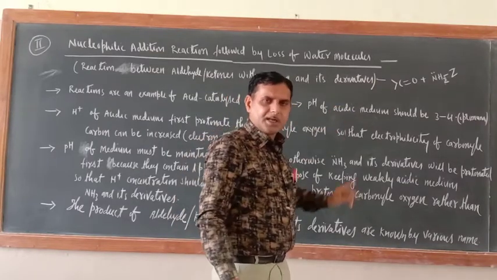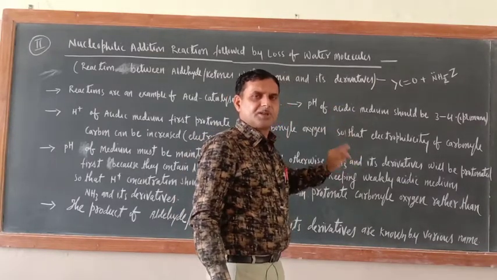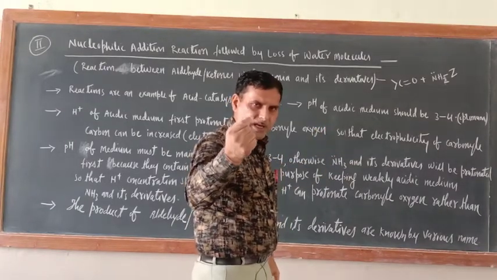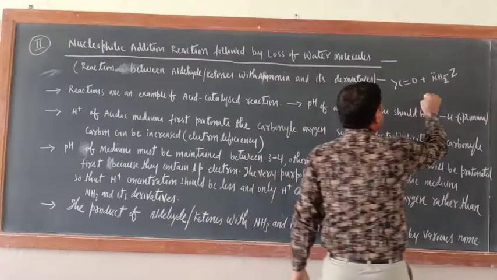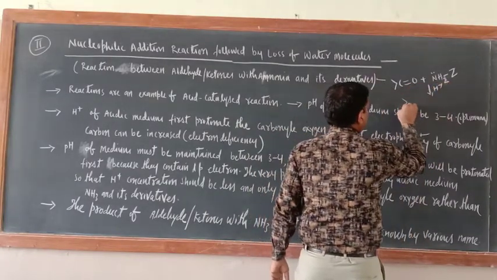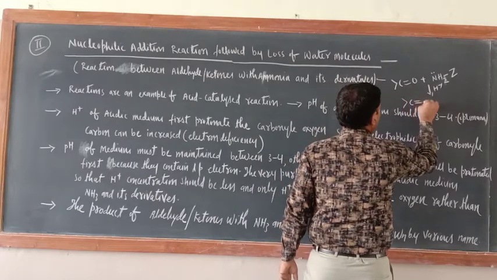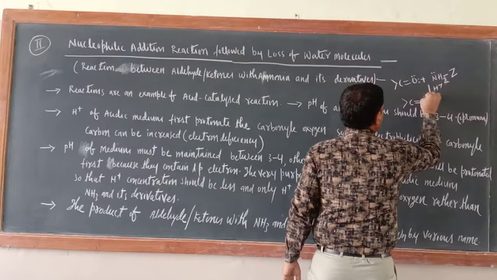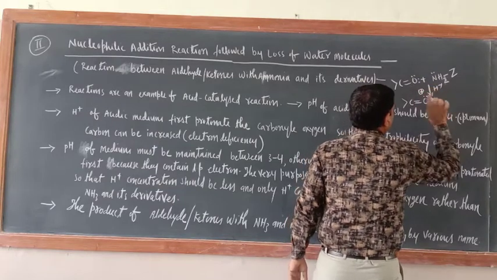Try to understand, if pH is between 3 to 4, then H positive ion concentration would be less and they will protonate only this one, H positive. Means they will protonate C double bond O, here lone pair of electron is there, here H, now positive sign, correct or not?